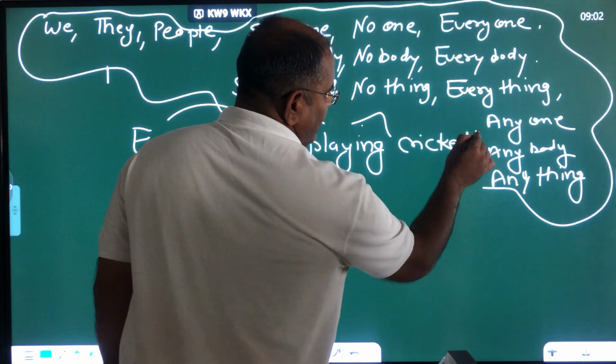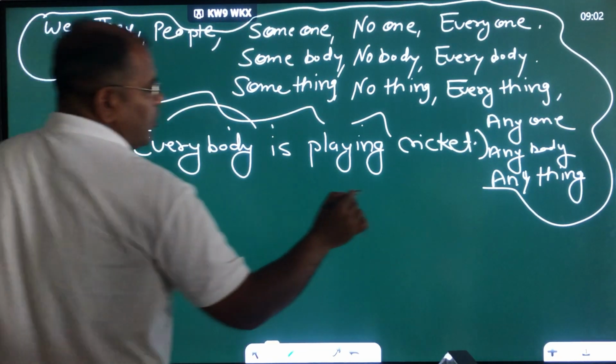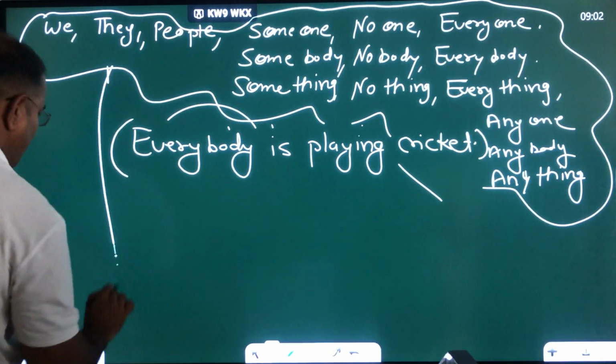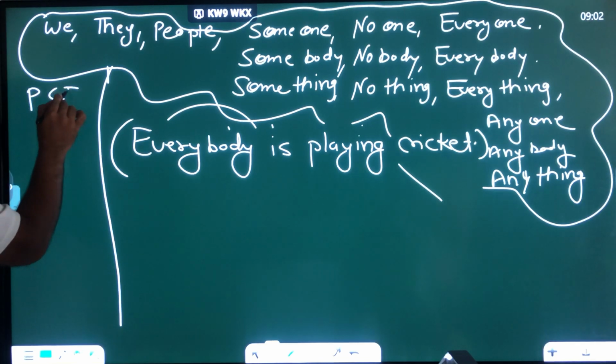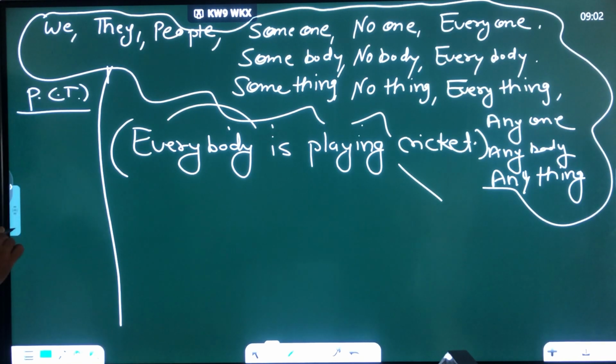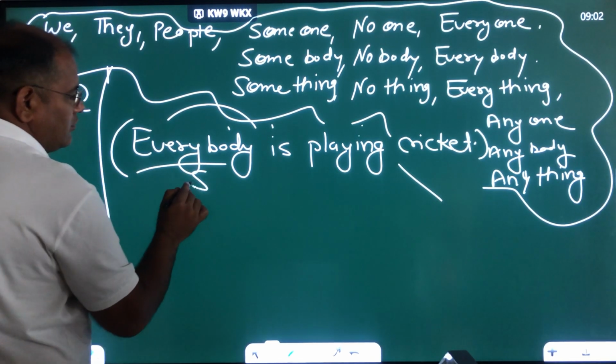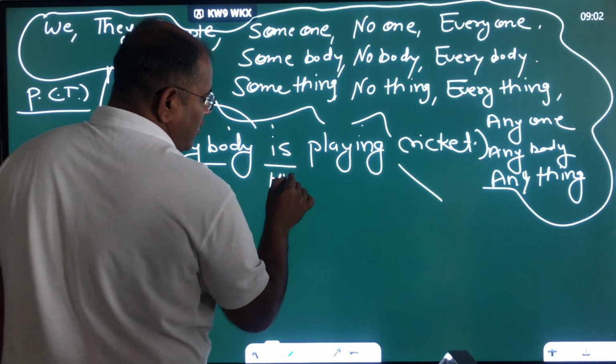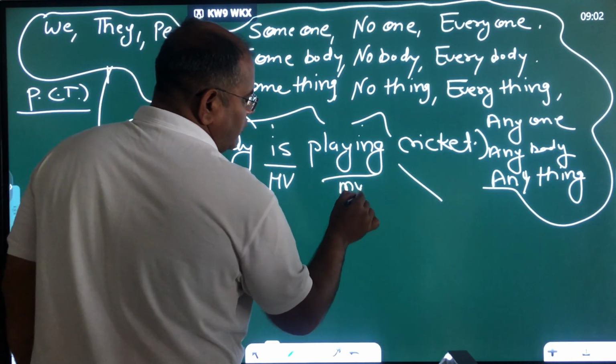Guys, this is the AV and this sentence belongs to PCT. PCT means present continuous tense. Everybody is the subject, is is the HV, playing is the MV's fourth form.